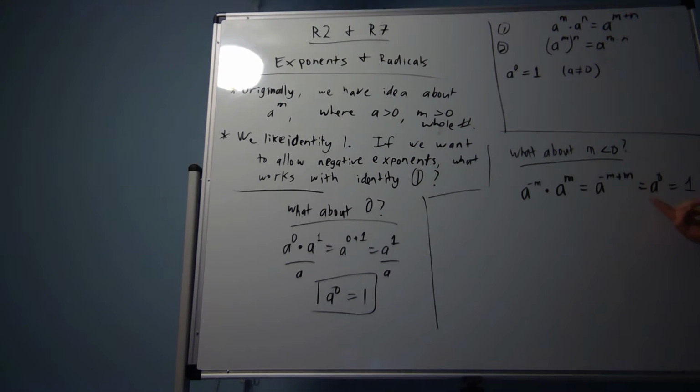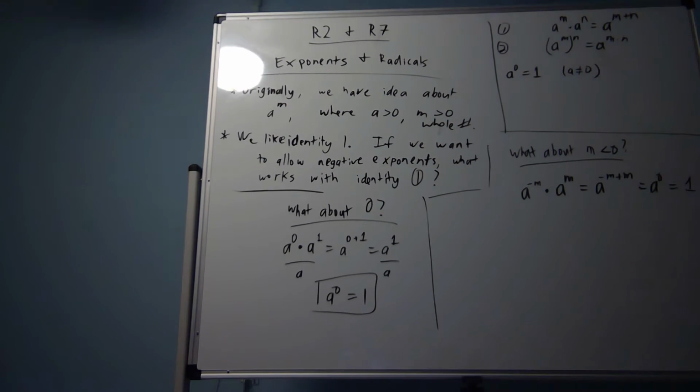We just convinced ourselves that a to the 0 has to be 1, and if you're not convinced, you should probably pause and take a few minutes and rewatch the section right before, or maybe just think about it for yourself. But once you're convinced that a to the 0 has to be 1, well, the negative exponents are somehow canceling because you add the exponents.